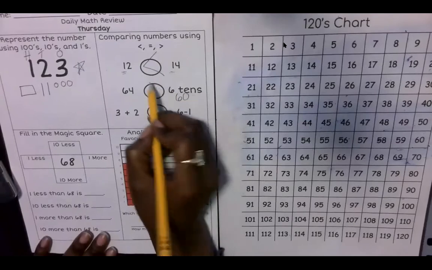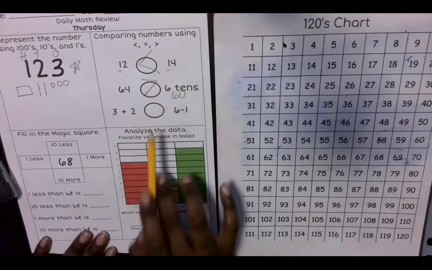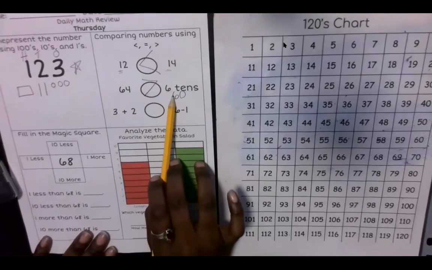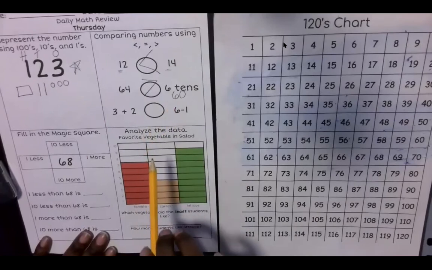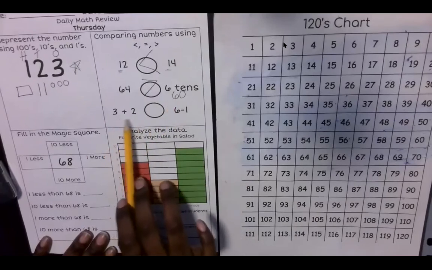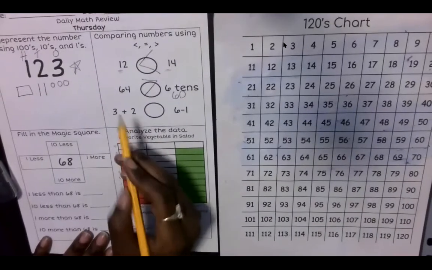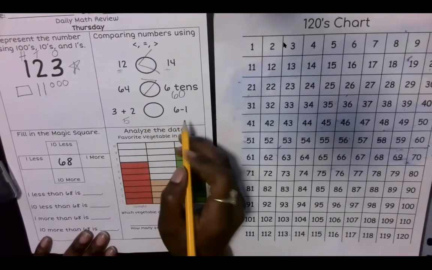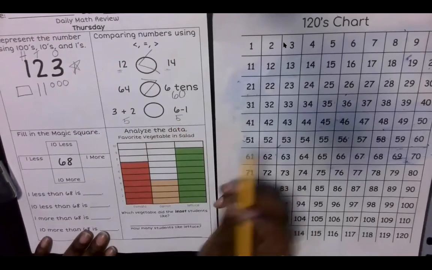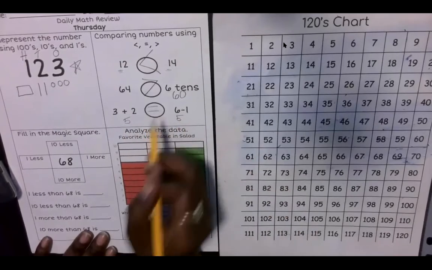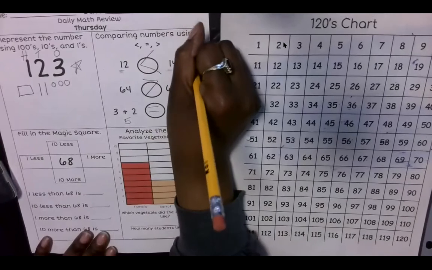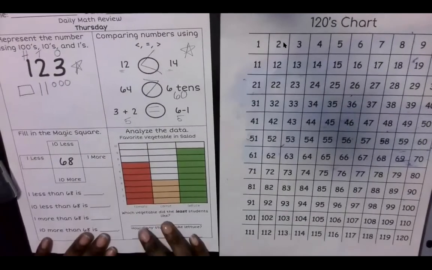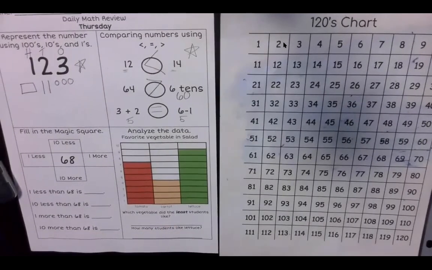And we know that 64 is greater than 60, okay? Now let's look here. We have 3 plus 2 equals 5. We have 6 minus 1, that equals 5. And so 5 equals 5. Give yourself a star and kiss your brains if you got those 3 correct.